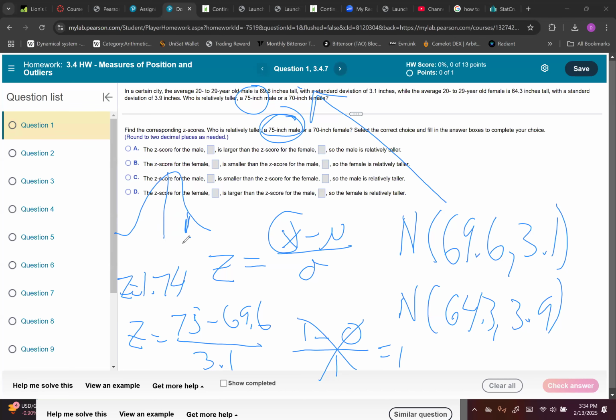For the female, same exact formula, z equals the x value, which is 75, minus the mean for females, 64.3, divided by the standard deviation for females, 3.9. So if we do that, we get 75 minus 64.3, which is 10.7, divided by 3.9, and that's a z-score of 2.74. Okay, so this question is just asking who is larger relative to z-score, and it's clearly the female.